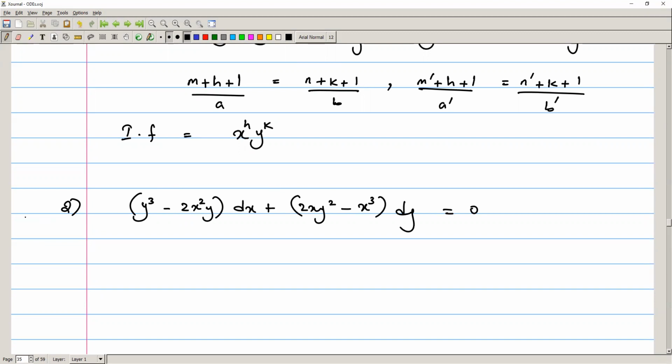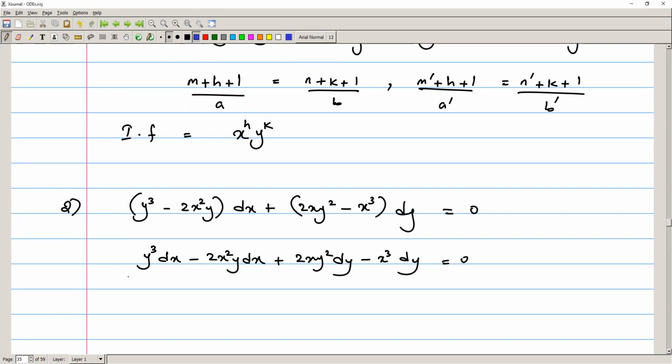So we can write it in this way: y cubed dx minus 2x squared y dx plus 2xy squared dy minus x cubed dy is equal to 0, right?